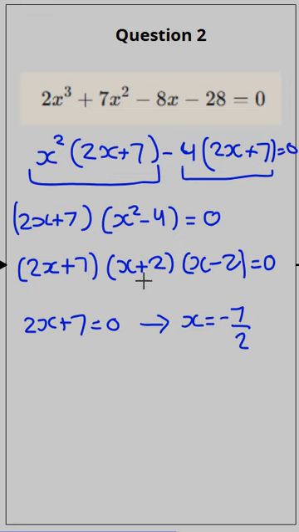Similarly, if you put x plus 2 equals 0, you will get x equals minus 2, as we did in the last problem. x minus 2 equals 0. From here, you will get x equals 2. So the three solutions for x will be negative 7 over 2, negative 2, and 2.